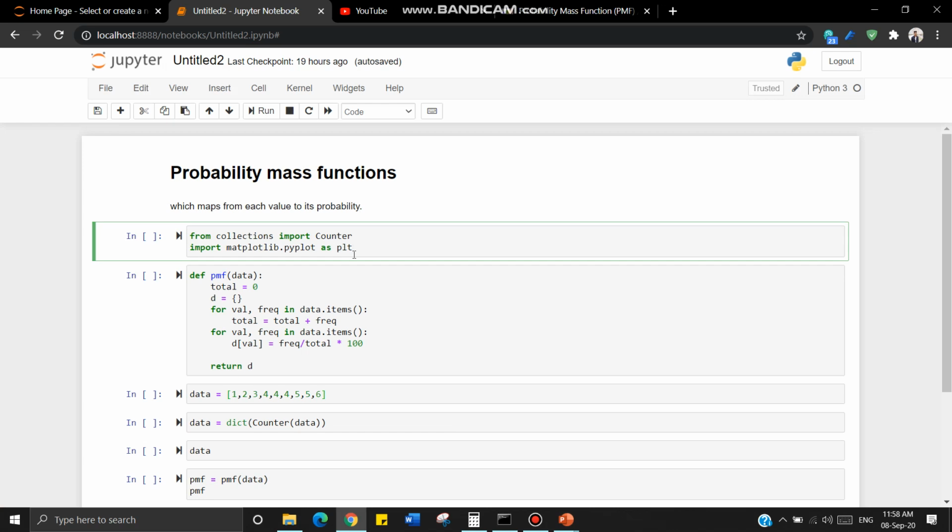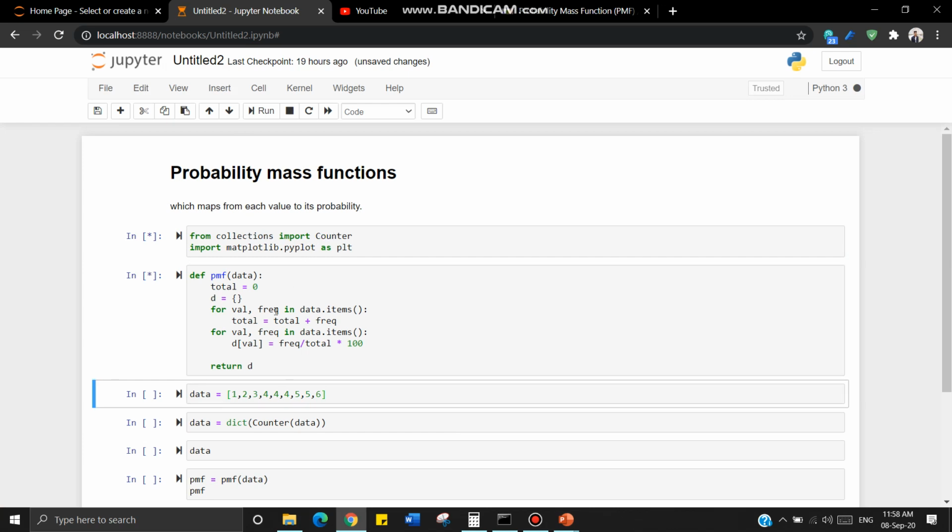In Python, first we have to import Counter from collections. In this function, I take a container named total, initialized to 0, and a dictionary.